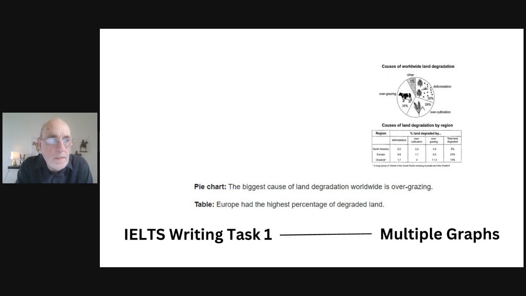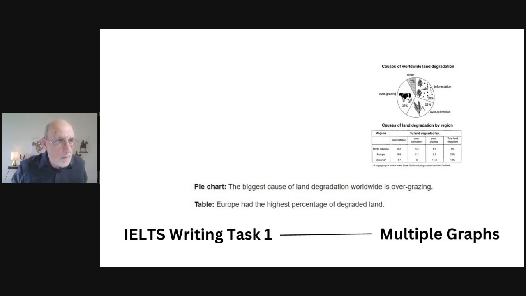So what we're doing is we're taking the highest percentage from the pie graph, which is overgrazing as a cause, and then in the table, the highest percentage deals with which region has the highest percentage of degraded land.